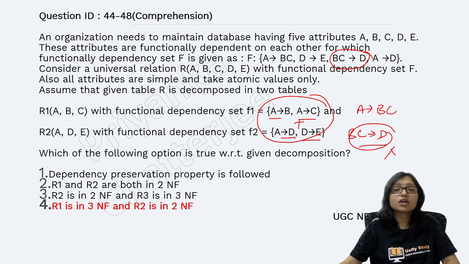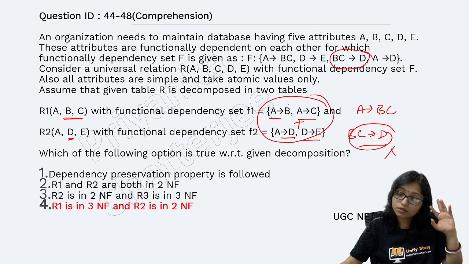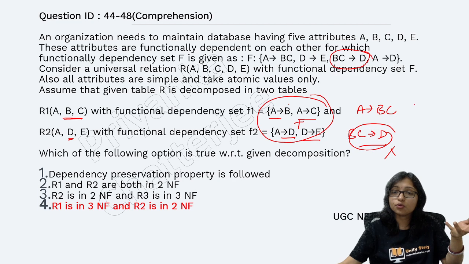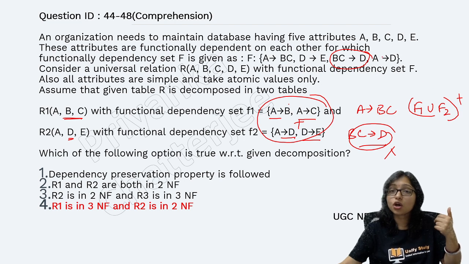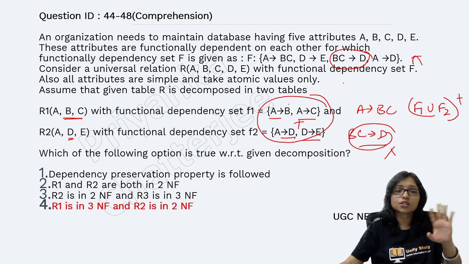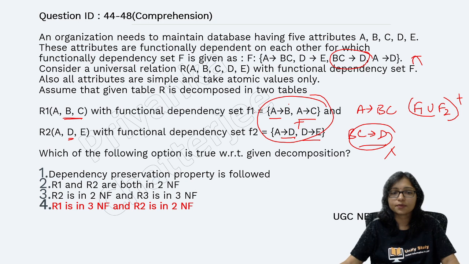Why? Because B and C are here and D is here. Anyhow, you cannot determine it by union also. If you are doing F1, F2, then closure, then also the original one is not coming, and that's why it will not be dependency preserving.